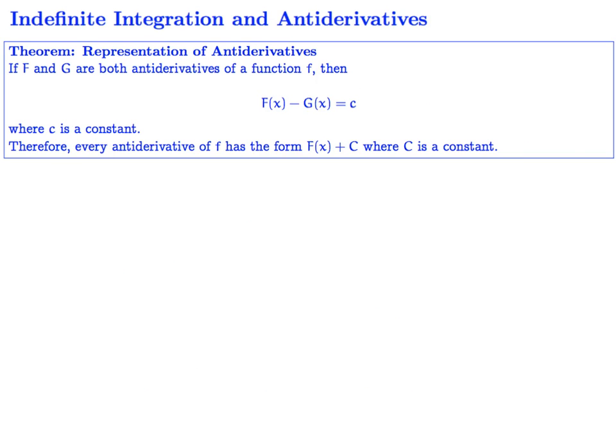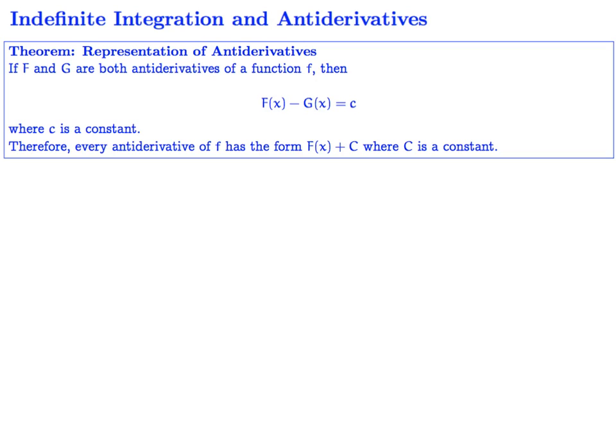So what we have here is a theorem that tells us how antiderivatives can look. If F and G are both antiderivatives of a function, then if you subtract them, you're going to get a constant. Therefore, every antiderivative of f has the form F of x plus c, where c is a constant.